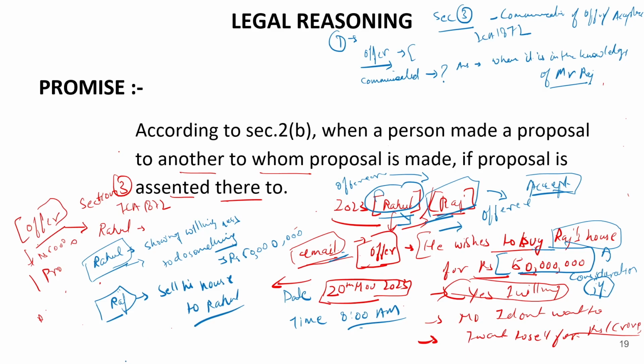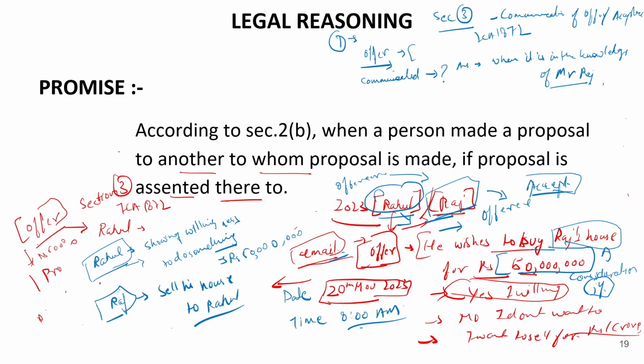Rahul has sent the email to Mr. Raj saying that I wish to purchase the house from you for rupees 50 lakhs. But Raj is not available on email. So whether the offer can be said to be communicated, the answer is no. An offer can only be said to be communicated to the person to whom it has been made once the person gets the knowledge of that offer.